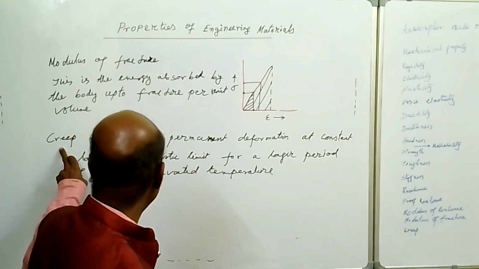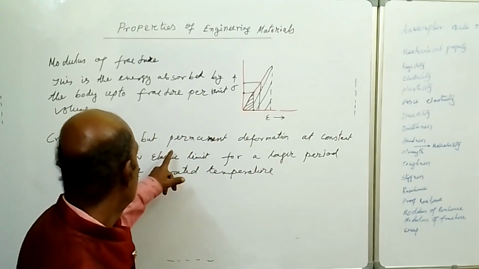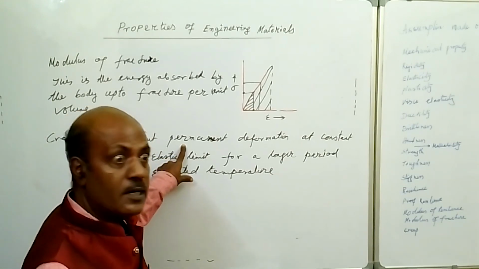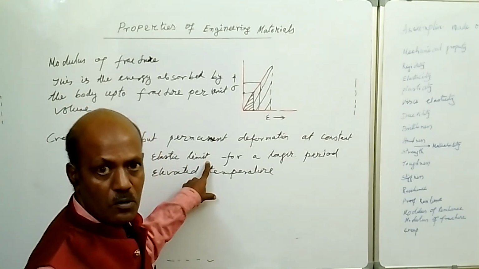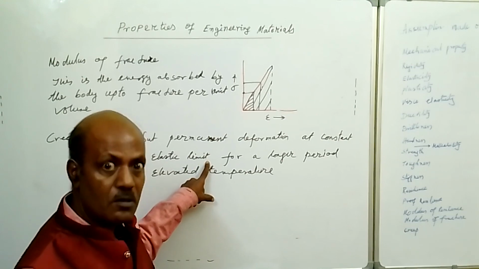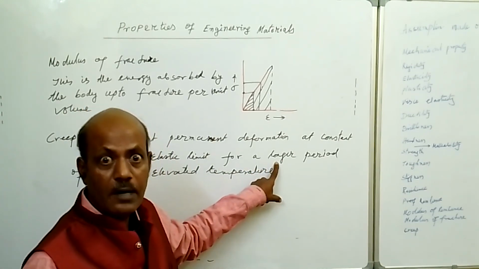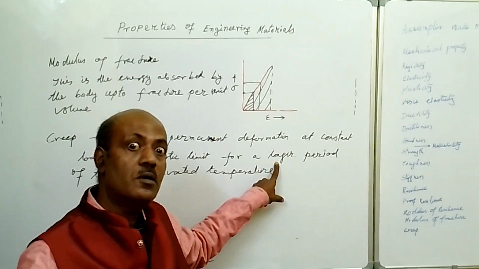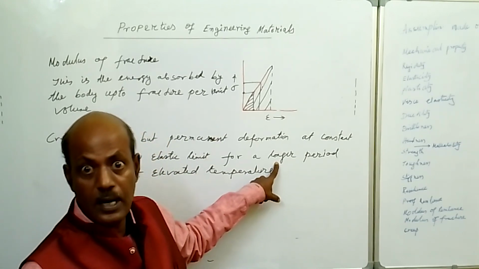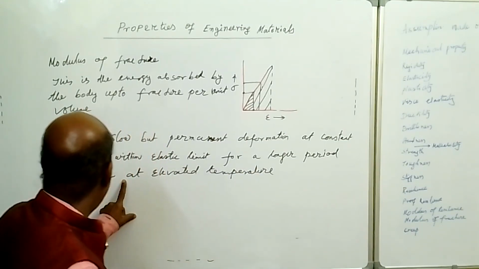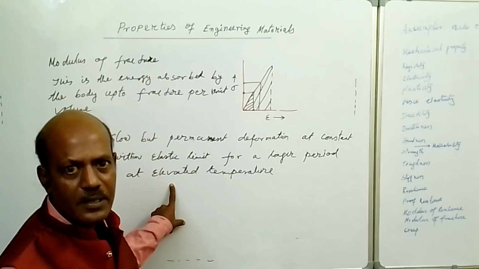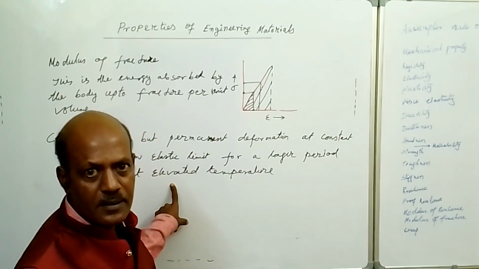But in the case of creep, permanent deformation takes place within elastic limit, when the body is loaded with that value for a longer period of time at elevated temperature, at very high temperature.